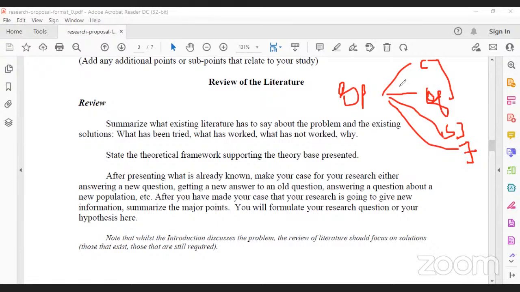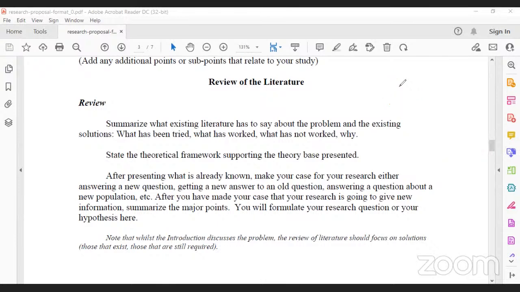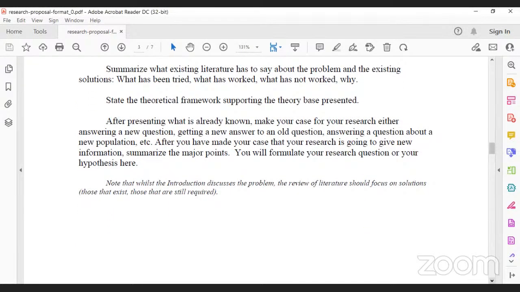This is how you understand the purpose of your literature review, and that's how we proceed with it, stating the theoretical framework through theory-based presentation: how the previous theories are supporting, how they are negating it. You have to take into consideration what things need to be worked on, what loopholes have been left behind that could be possible research problems.